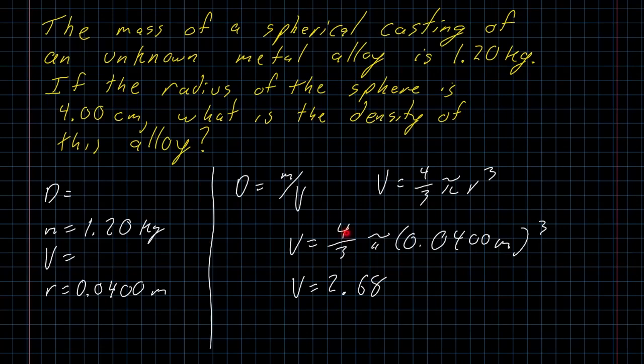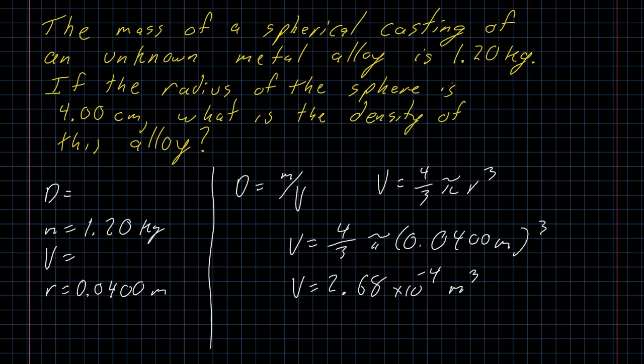Right? 4 is an exact value, 3 is an exact value. I used pi in my calculator, which has more digits than I care to think about. And then I'm left with just this measurement, which had 3 significant digits. So I round my result here to 3 significant digits. 2.68 times 10 to the negative 4. And my units were meters, which I raised to the third power, leaving me with meters cubed.